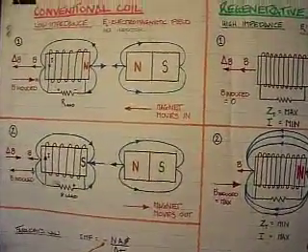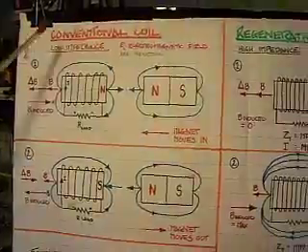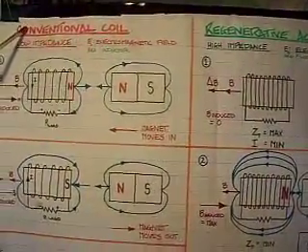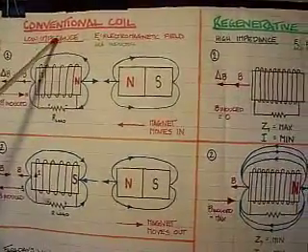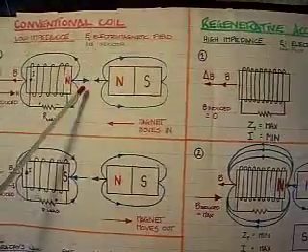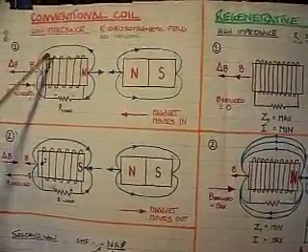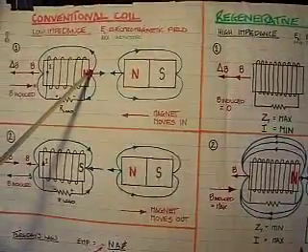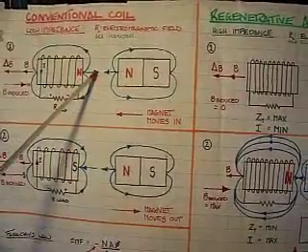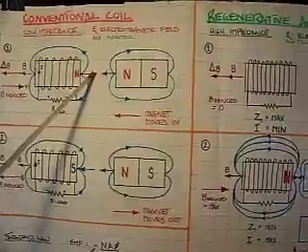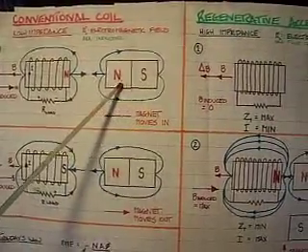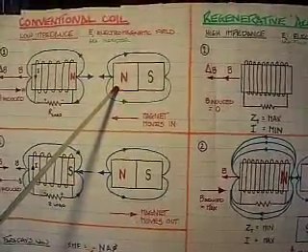So if we look at a conventional coil, it is a low impedance coil. It stores energy in the electromagnetic field around the coil, and this electromagnetic field produces polarity which is identical to the approaching magnetic field.